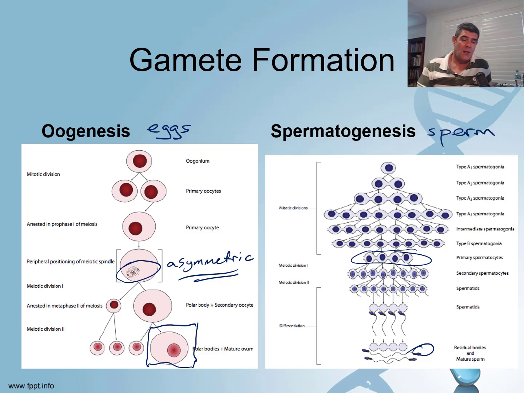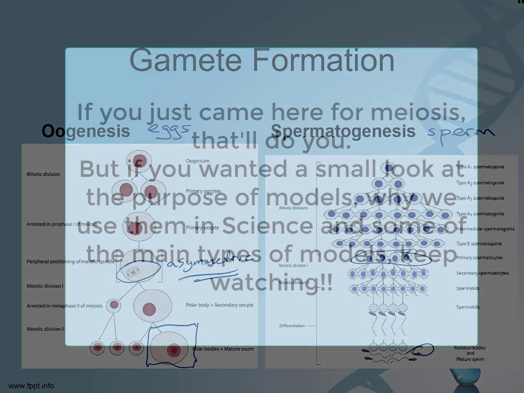So we can see that this is an important process for reducing the number of chromosomes, so that fertilization restores that number once it occurs. But it's also a slightly different process whether we're talking about the formation of eggs in the female or sperm in the male.